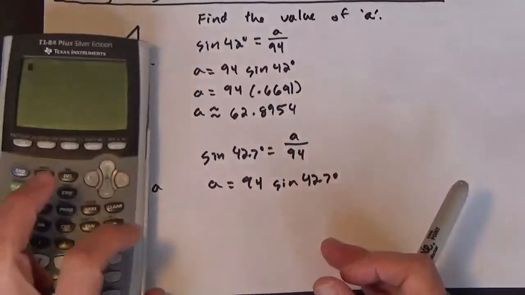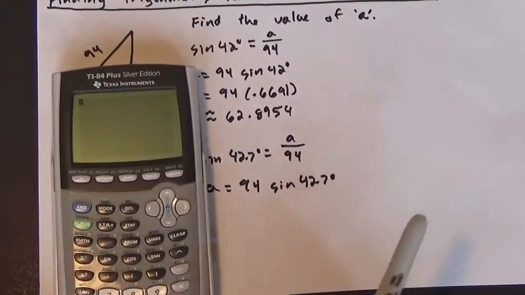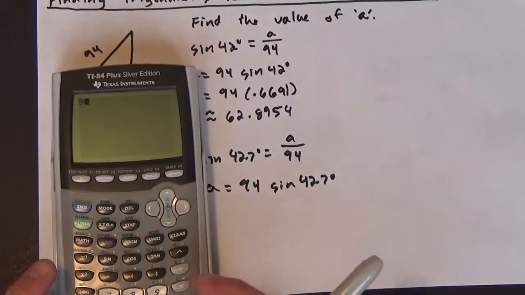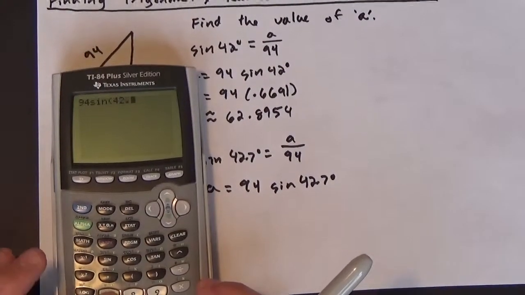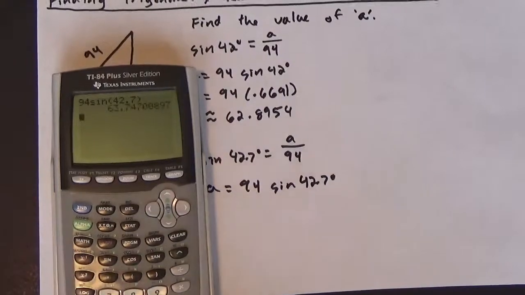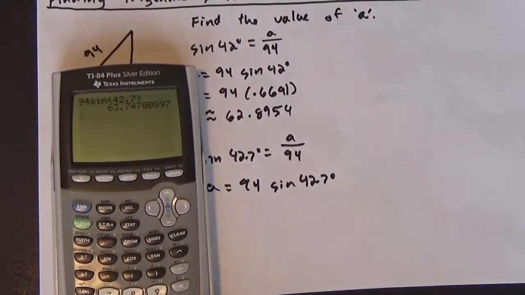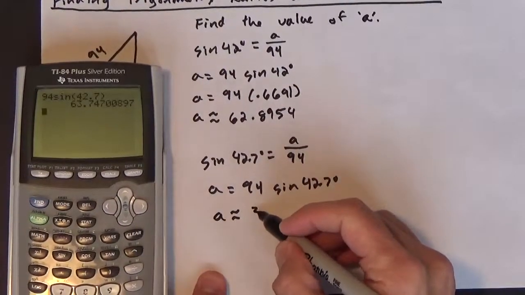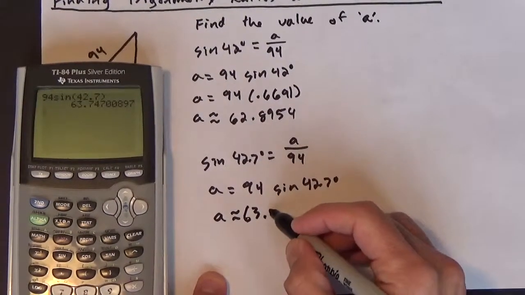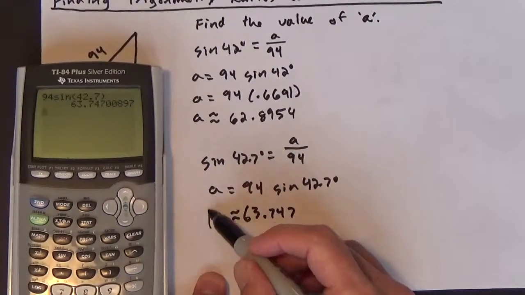Now we can take 94 and multiply that by the sine of 42.7, and A is approximately 63.747. And there's our answer.